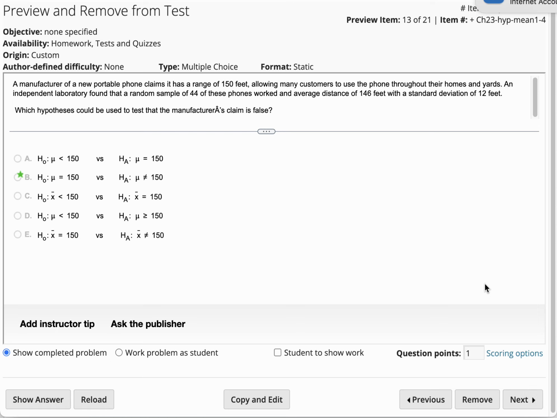Manufacturer of a new portable phone claims that it has a range of 150 hours, allowing customers to use their phone throughout their home and yards.